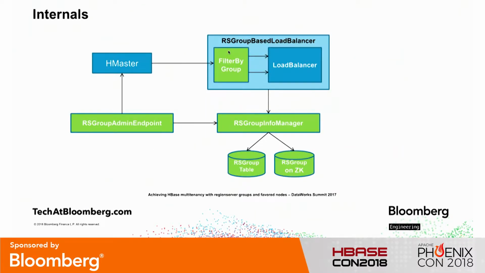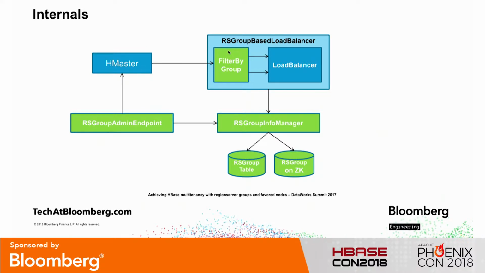Behind the scenes, this is how it's been implemented. What we had originally is a load balancer which would balance the regions across all the servers in the cluster. But by defining a region server group, we have added a filter. What that component does is give a subset, a view of the region servers, so that only those region servers are used when the load balancer assigns the table's regions.